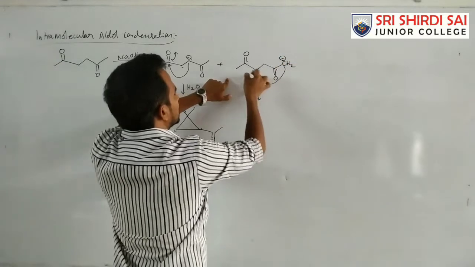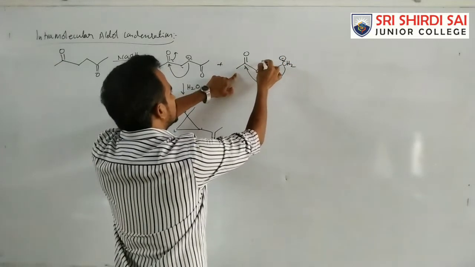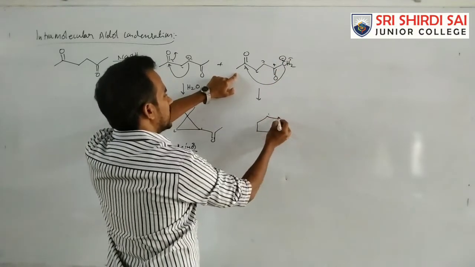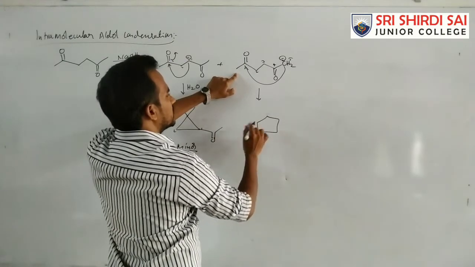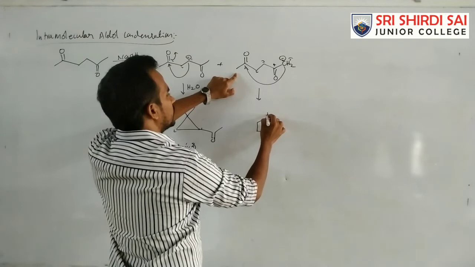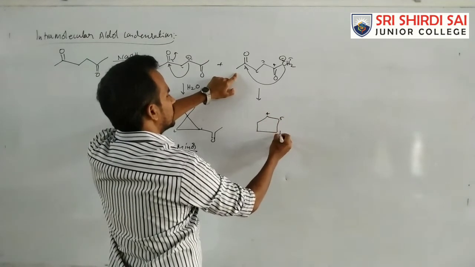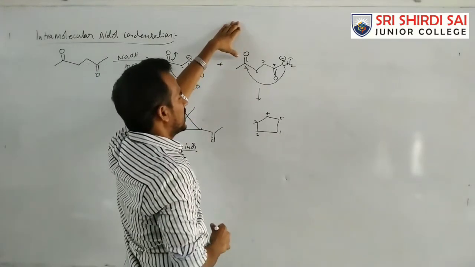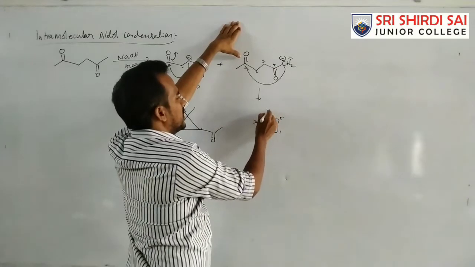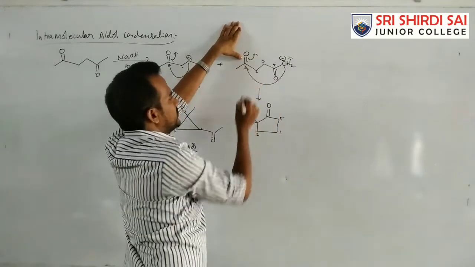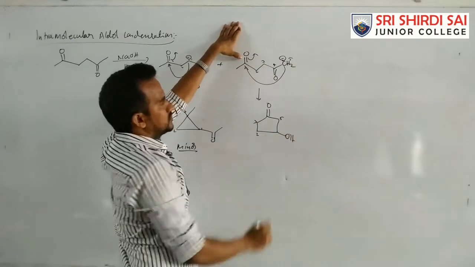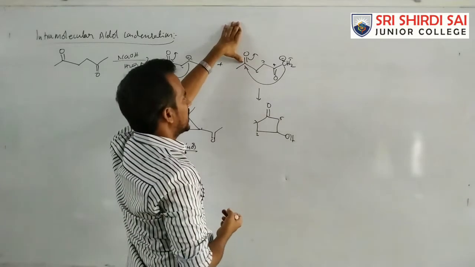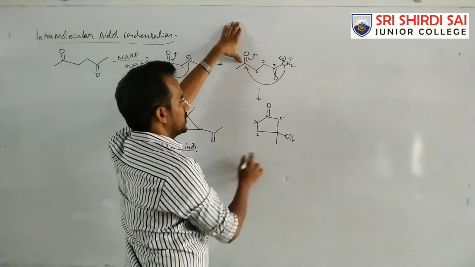Now this one attacks the other carbonyl. What is the size of the ring? 1, 2, 3, 4, 5. So here I am writing a 5-membered ring. On the 4th carbon there is a CO group and also a methyl group, and on the first carbon there is an O minus, which accepts a proton from water to become OH.